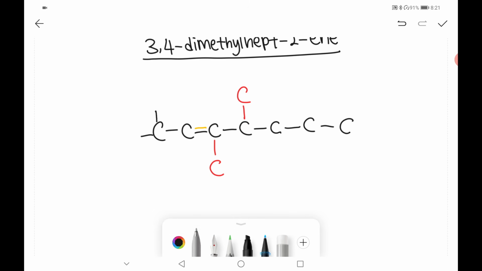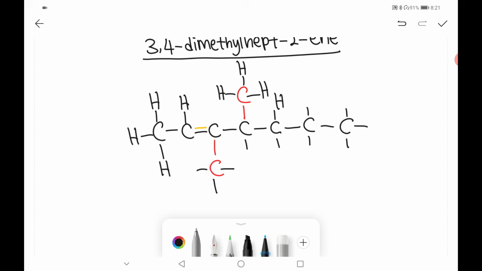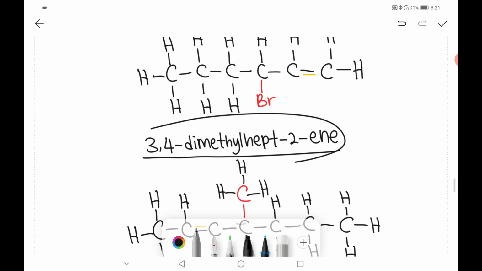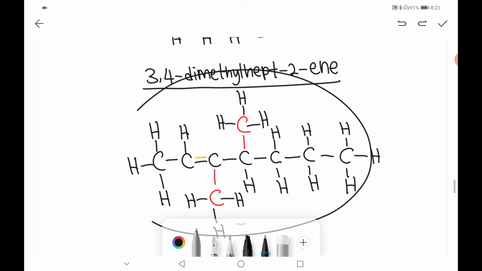After every carbon contains 4 bonds, you can put the hydrogen into your structural formula. Do it slowly and carefully, don't be careless. By doing that, we have converted the name into the structural formula.